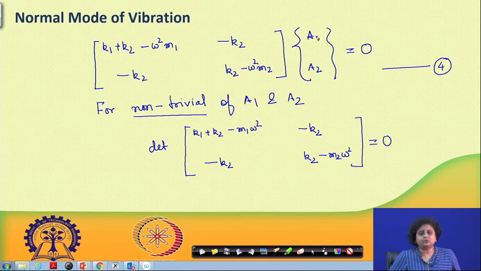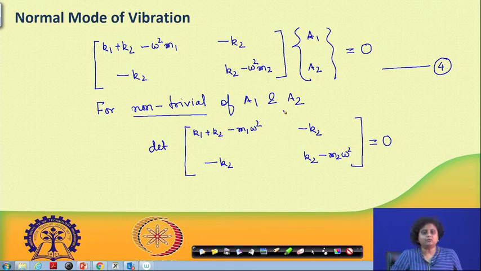So, if I want to obtain a non-trivial solution, that is a non-zero solution of U1 and U2, the only case where we will get a non-trivial solution for A1 and A2 is when the determinant of this matrix is equal to 0.